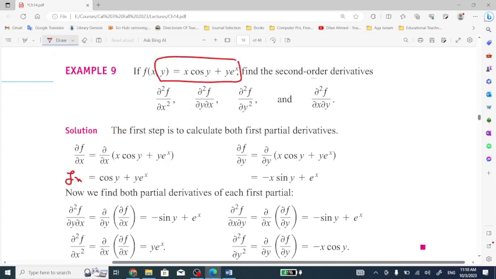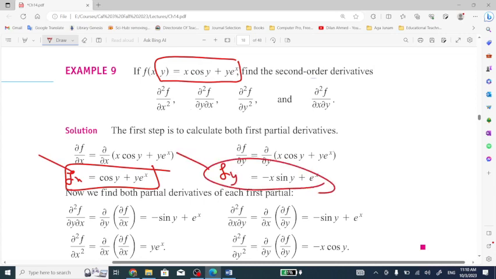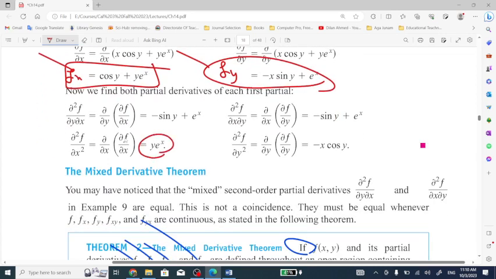Is fx continuous? Yes. Cosine is continuous, e is continuous, polynomial is continuous. So fy is continuous, again yes. Now fxy is continuous? Yes. fyx is continuous? Yes.